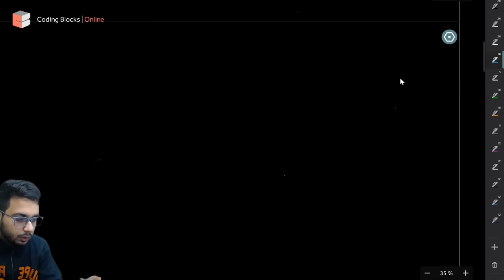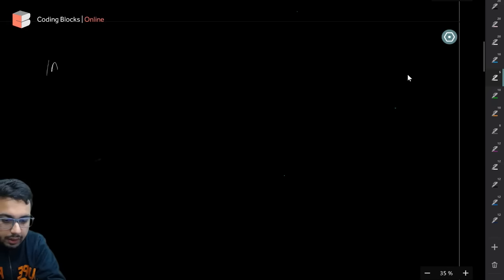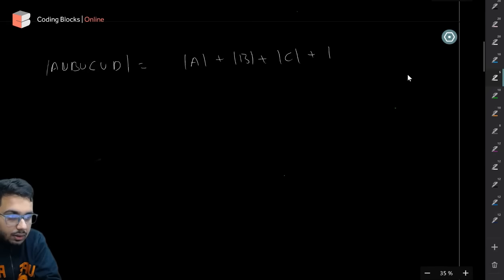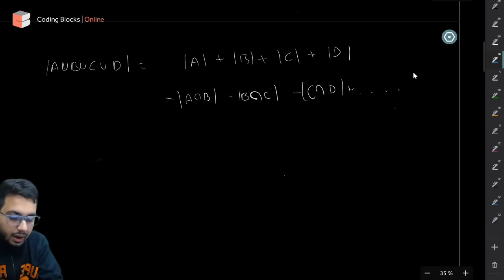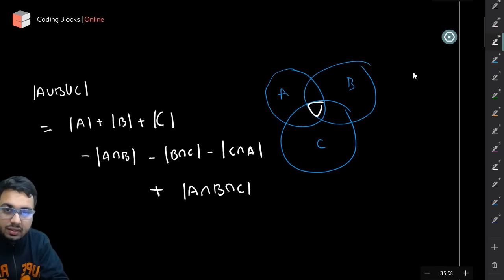So let's say you want to find out A union B union C union D. Then the formula would look something like this: A plus B plus C plus D minus, you are going to combine sets in pairs of two, so A intersection B, B intersection C, C intersection D, and so on. So this goes on, and then you're going to add, let's say, you're going to combine sets in triplets.